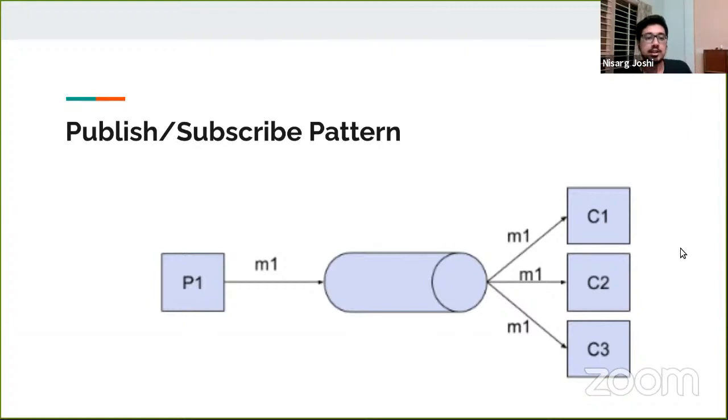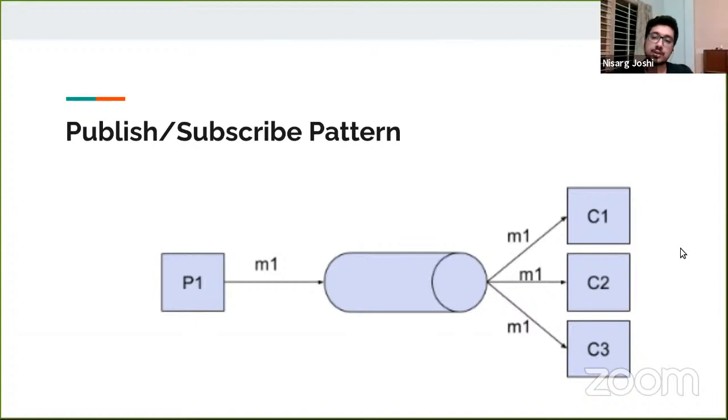You want to fetch some information about the user. You want to do a bunch of things when the user onboards onto your platform. Each of these things can be a separate module, right? C1 can be a module that takes care of notifications. C2 can be a module that takes care of pulling the user information and pushing it to the database, something like that. C3 can be a separate module.